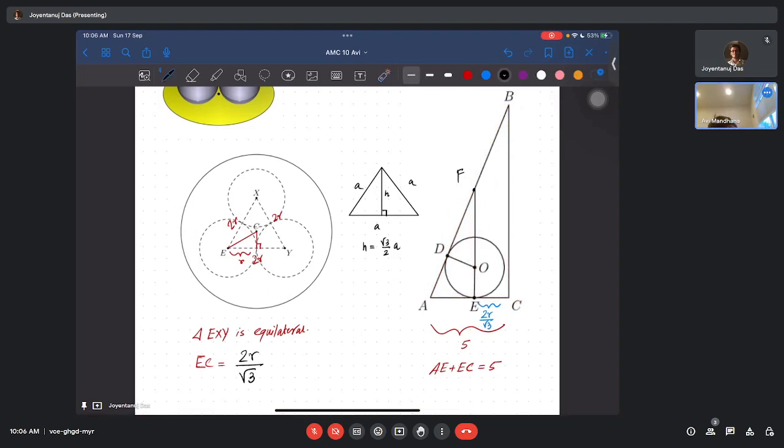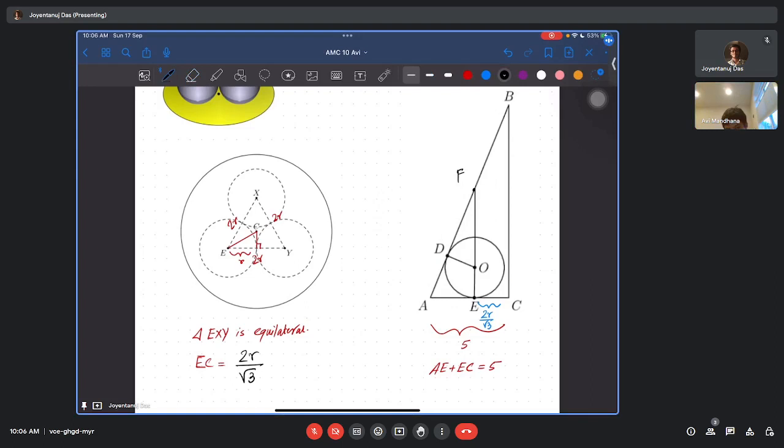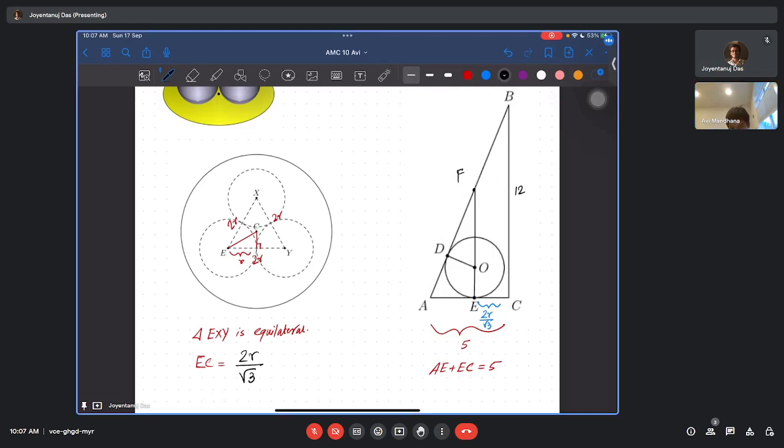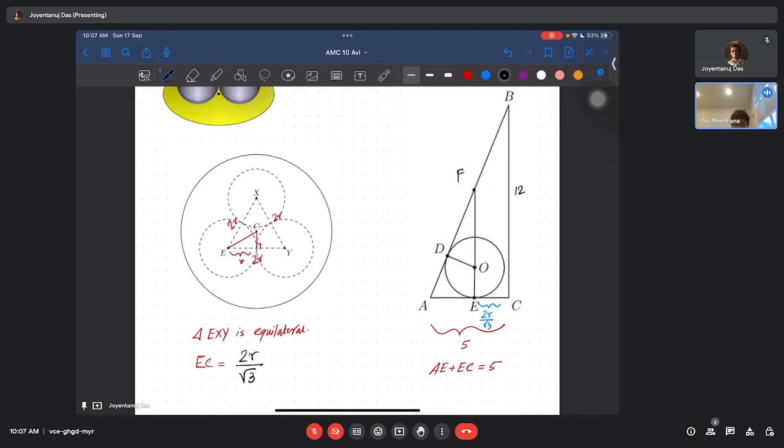So you can write 12 over 5, so this one is 12 over BC. 12 over 5 is equal to, or you can just write 2.4 is equal to 2R over square root of 3 divided by AE.